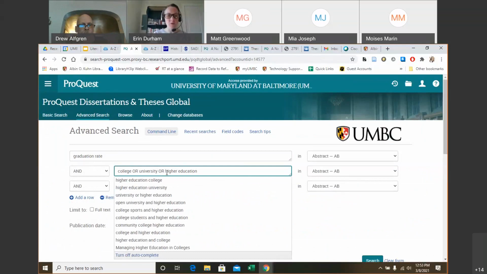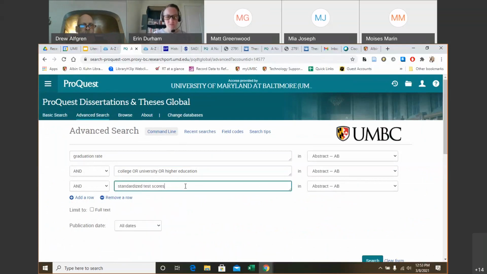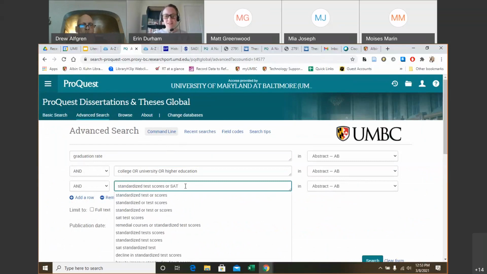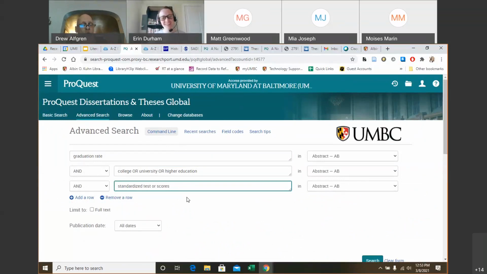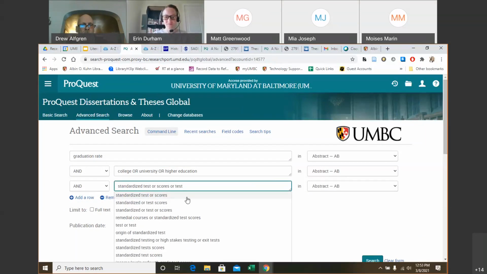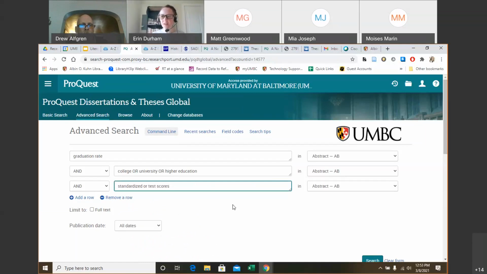You can start to group synonyms together, if that makes sense. Or if you're looking specifically at the SAT, then just put it in there. Or you could just put testing in there. So I would start more specific, but if you're not finding anything, that's an opportunity to think of other synonyms and other keywords that you could use.